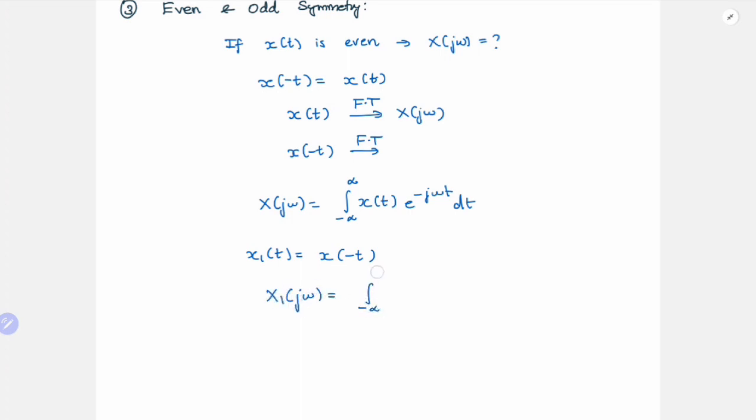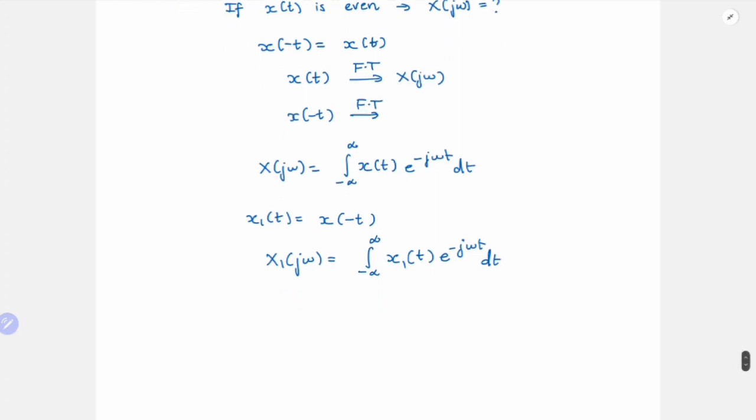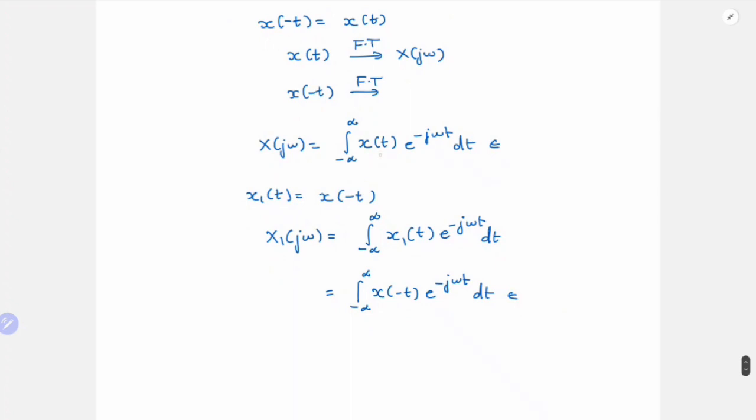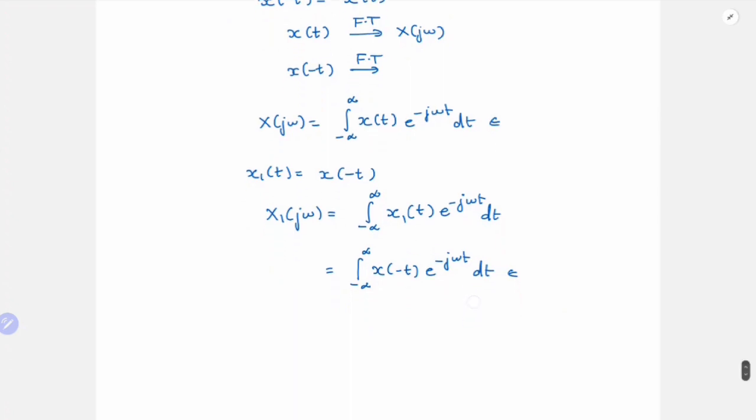So it is integral minus infinity to infinity x1 of t e power minus j omega t dt, but x1 of t itself is x of minus t. So this becomes x of minus t e power minus j omega t dt. Now I want to relate between this and this. So I can see x of t and x of minus t differ by the sign of t. So what I'll do, I will replace minus t with tau.